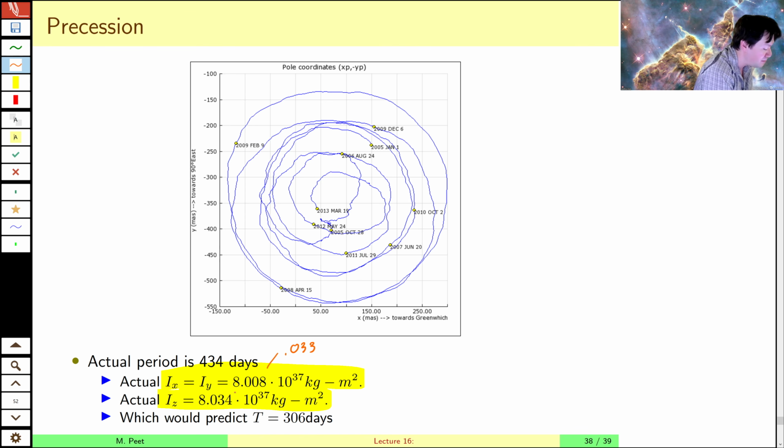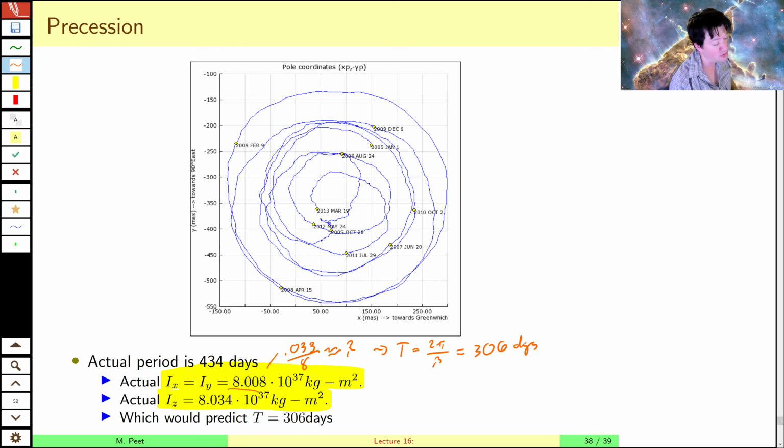The magnitude changes a little bit. It's 8 as opposed to 10, but we can calculate that. And so if we do that, the nutation rate changes slightly. So that's lambda. And so T, we calculate 2 pi over lambda. We get that's equal to 306 days.